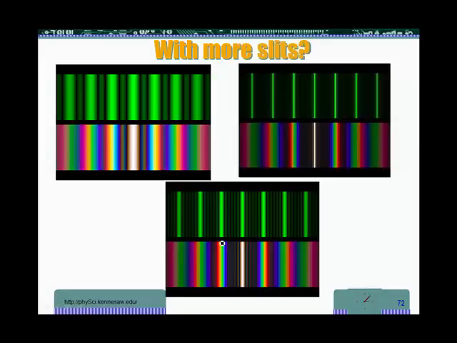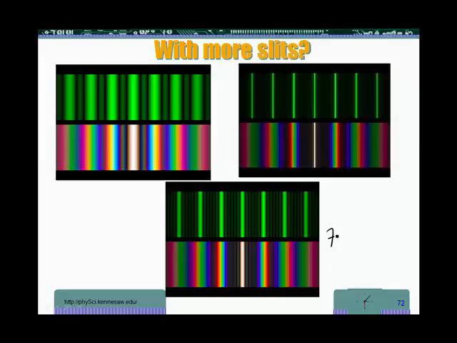In this case, for 3, how many secondary maxima do we have? 1. Now here, 1, 2, 3, 4, 5. This is when we have 7 slits.